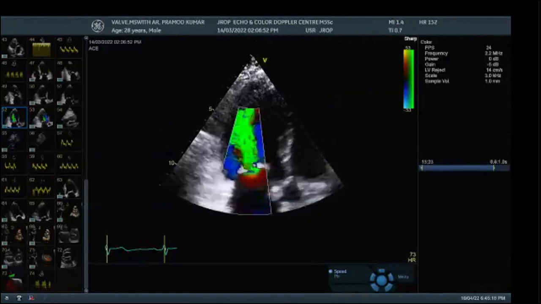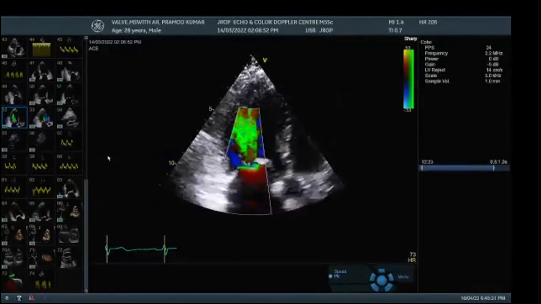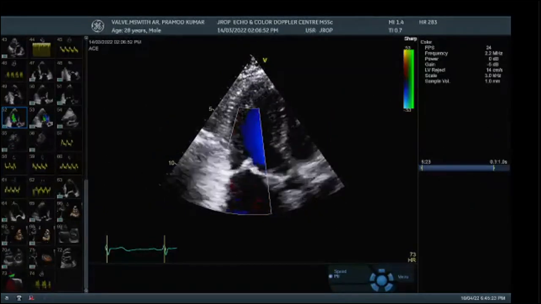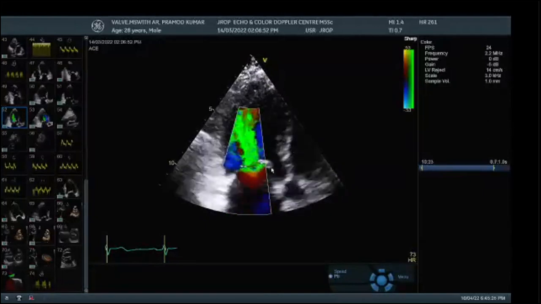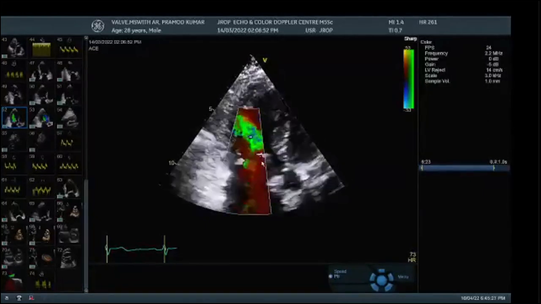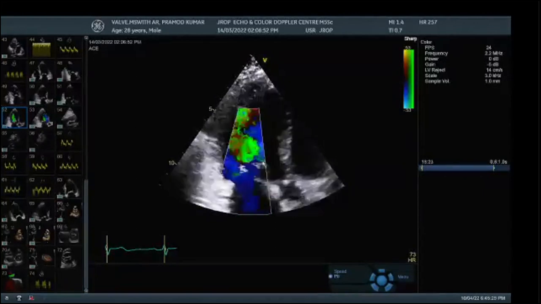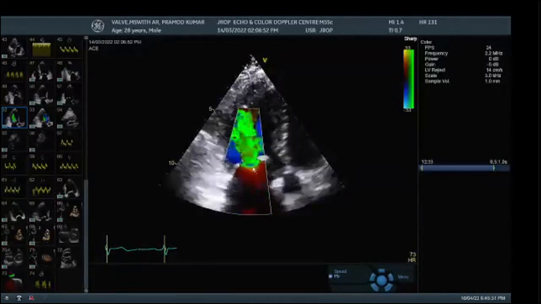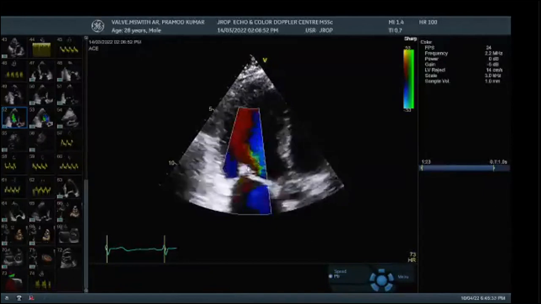Very intelligent question. Suppose we have AR with MS. So the MS jet would be coming in diastole. The AR jet would also be coming in diastole, right? That's what you mean? Yes, sir.